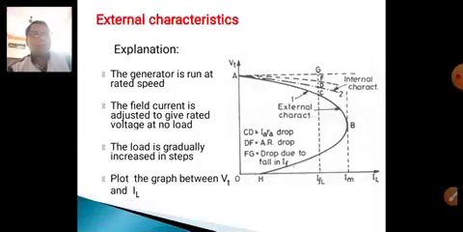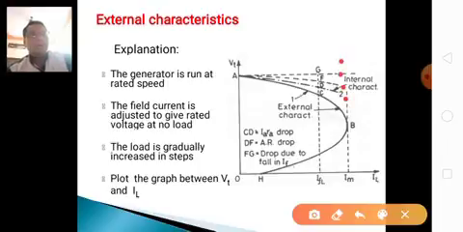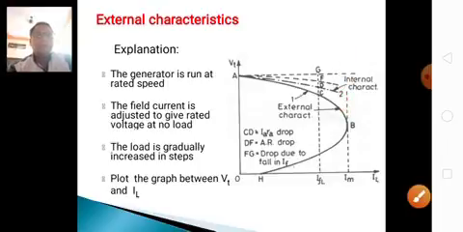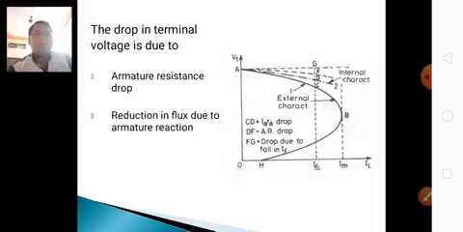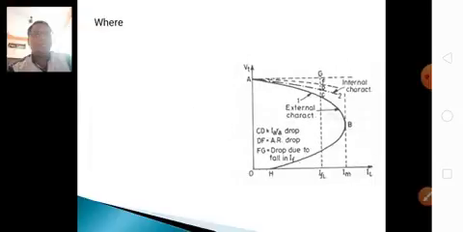With different loads, there are drops. The drop in terminal voltage is due to the armature resistance drop and the reduction in flux due to armature reaction, and this further reduces the field current.